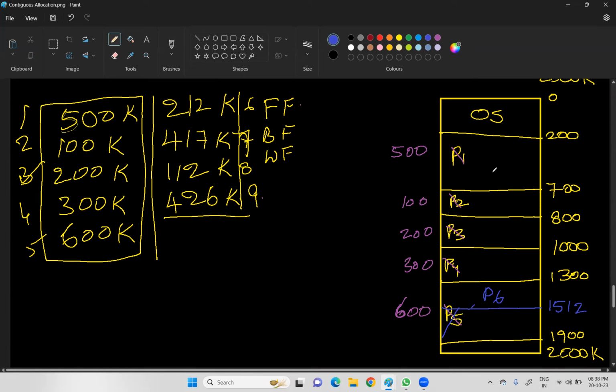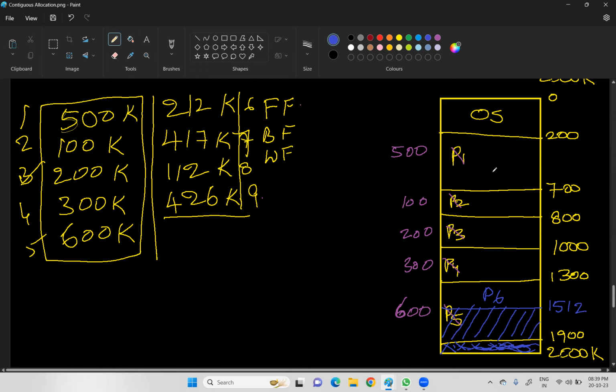So this is the internal fragmentation of your job. This is external fragmentation. That is internal fragmentation for our job. Now P6 was allocated. Then P7 is 417, which is big enough to be allotted to this 500, which is available in the name of process P1.